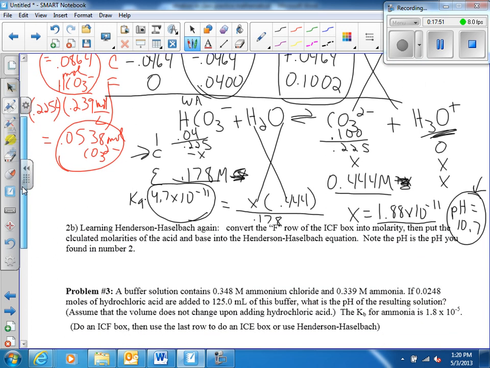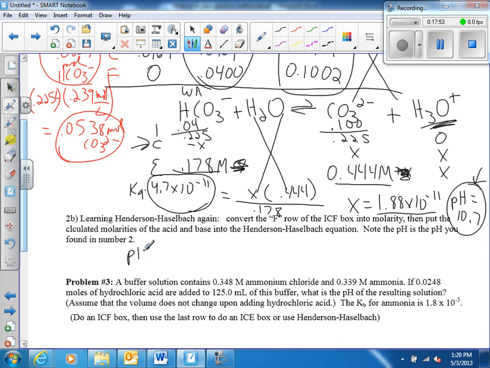Now, let's use Henderson-Hasselbalch and see how it works. pH is pKa plus log A minus over HA, which is, where's our pKa?